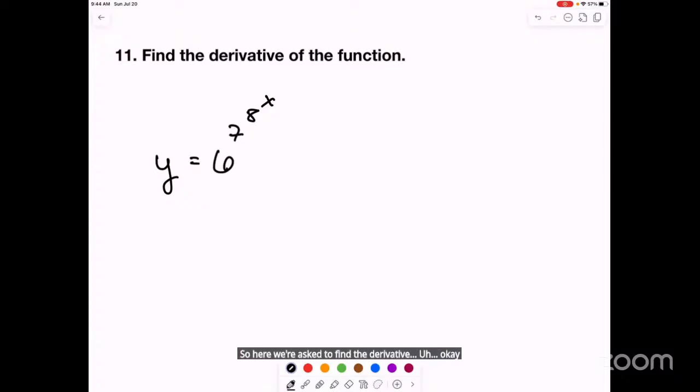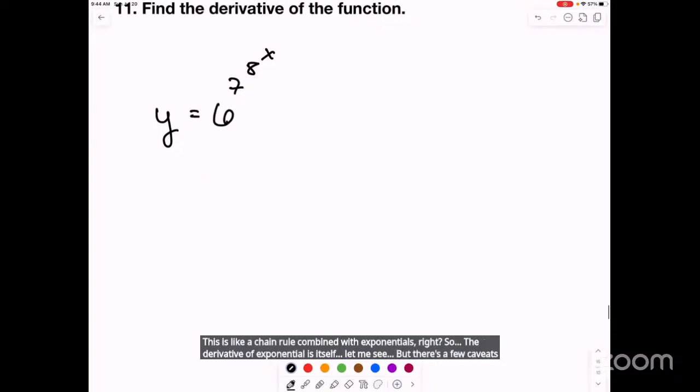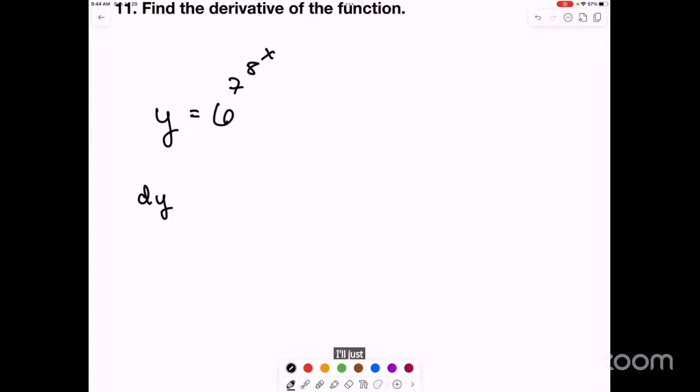So this is like a chain rule combined with exponentials, right? The derivative of an exponential is itself, but there are a few caveats. I'll just call it dy by dx.